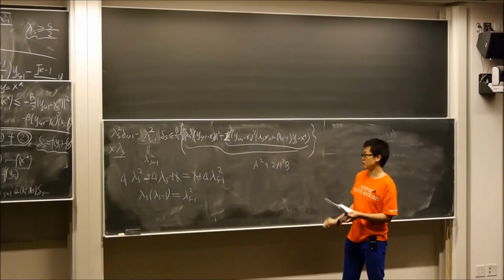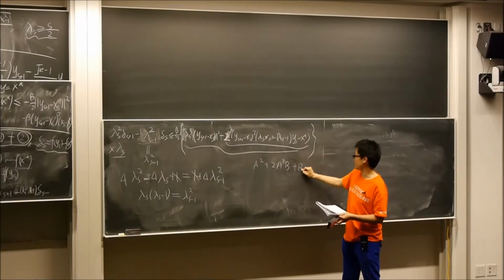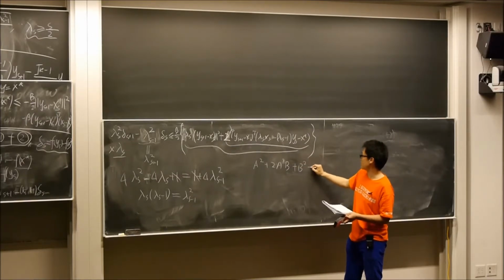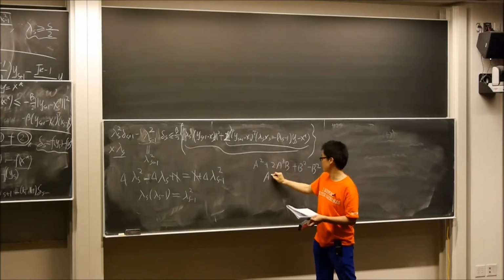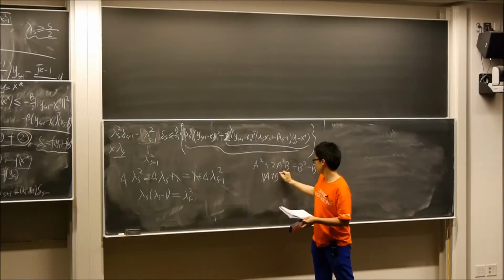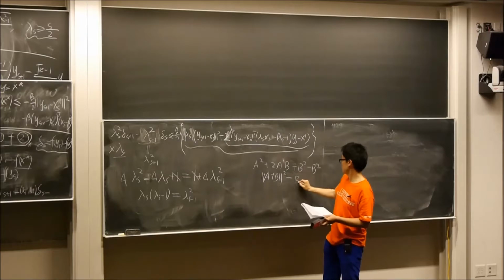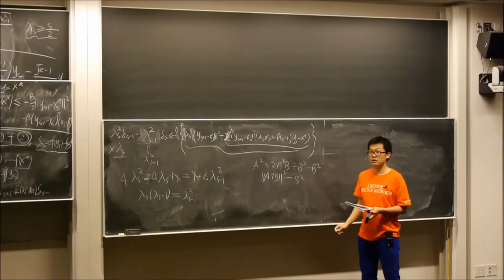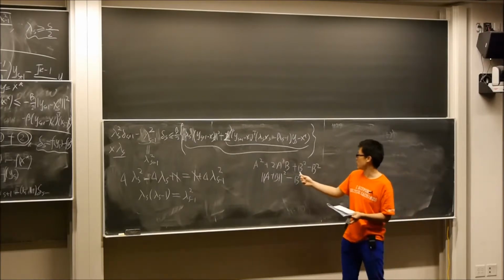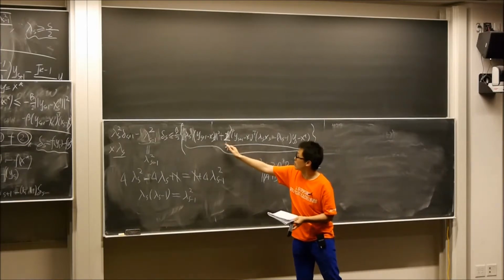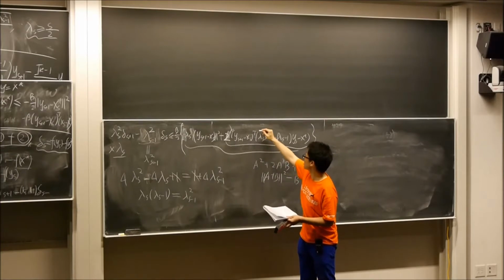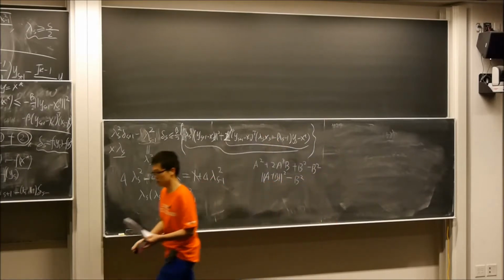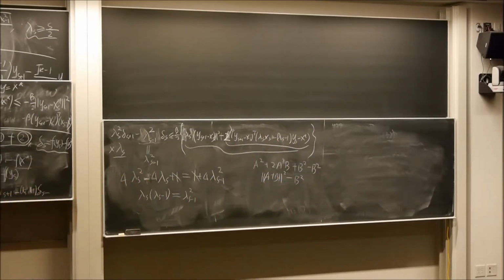And what we need to do, we need to add and subtract a b square, which will end up with a plus b, right? So the trick is to add a square term of this thing. Let me get a colored chalk.